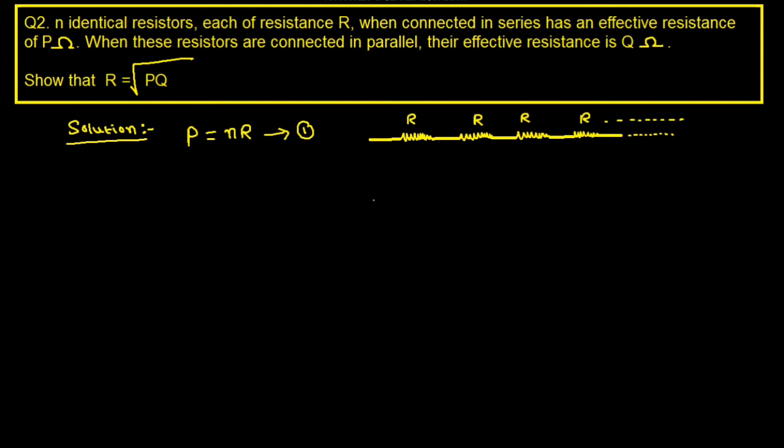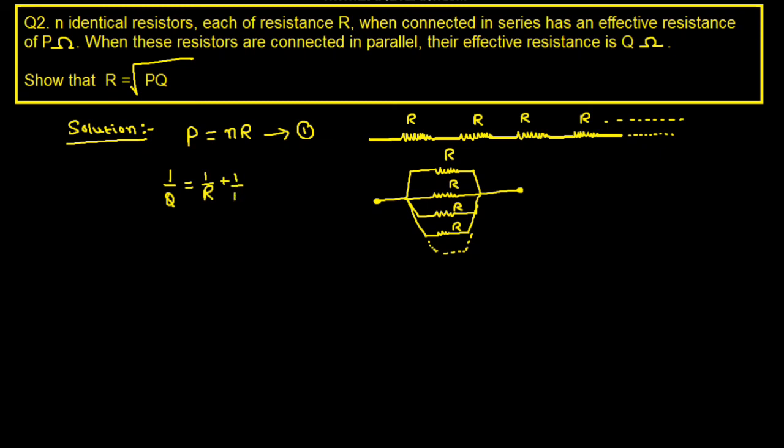Now, if these resistances are connected in parallel, say like this, and this one is also R, the equivalent resistance of this is Q ohm. Since these resistances are now in parallel, we can write 1 by Q equal 1 by R plus 1 by R plus 1 by R plus 1 by R and so on.